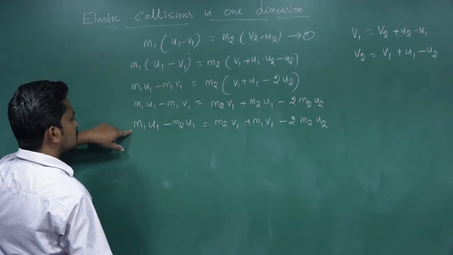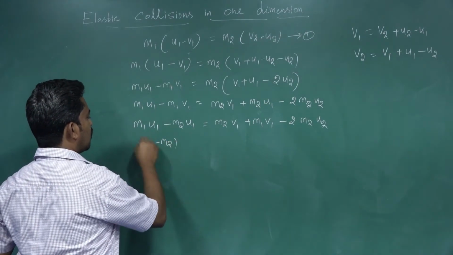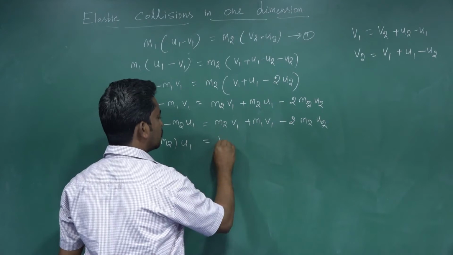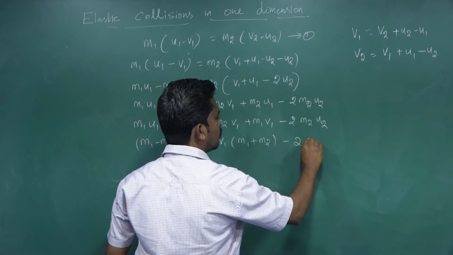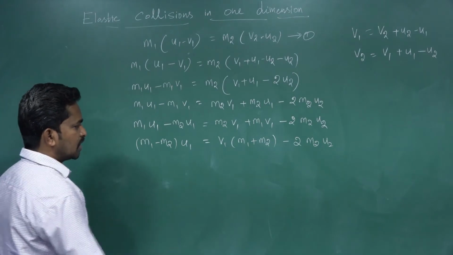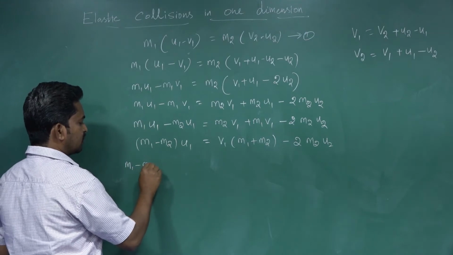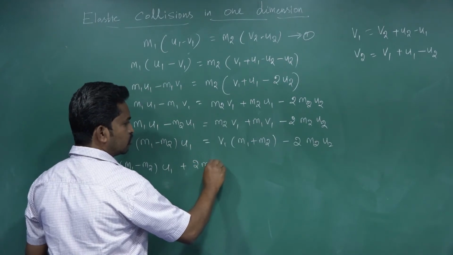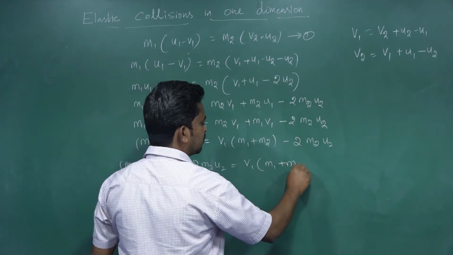Here the common factor is u1, so m1 minus m2 of u1 is equal to v1 as a common factor, so v1 of m1 plus m2, minus 2 m2 u2. The negative value goes to the other side, so it becomes positive. m1 minus m2 of u1 plus 2 m2 u2 is equal to v1 of m1 plus m2.